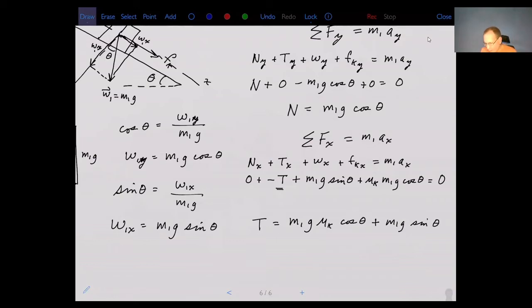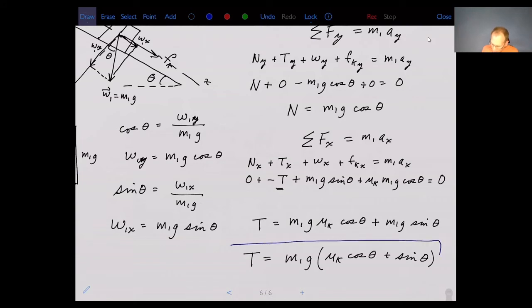And now since m1 is common to both terms on the right-hand side, let's factor it out. So I get m1g, and I'm left with mu k cosine theta plus sine theta. And that is exactly the equation that we want. So we're calling this the T theory. This is the theoretical tension.